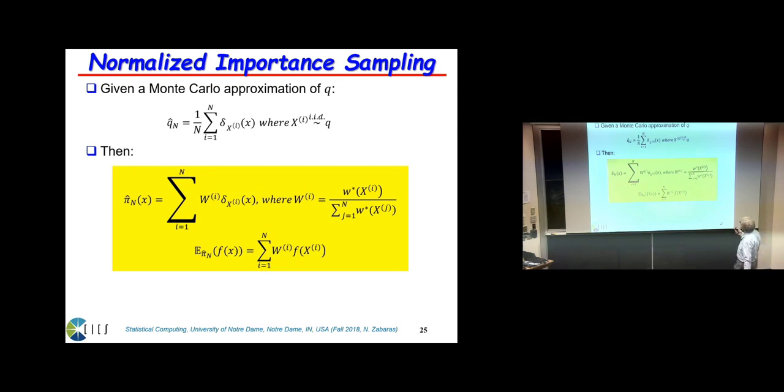If we take samples from q, q is our standard Monte Carlo estimator, but now our estimator for the distribution pi, if we draw n samples from q, looks like this, where these weights, you remember there was an estimator on the top that I had, an estimator on the bottom. So these new weights, this is little w, and this is capital W. So in the Monte Carlo approximation of pi with samples drawn from q, the weights here are what type of weights? Capital W, little w. What weights are those?